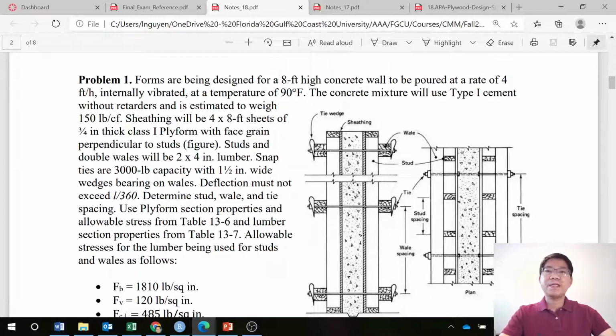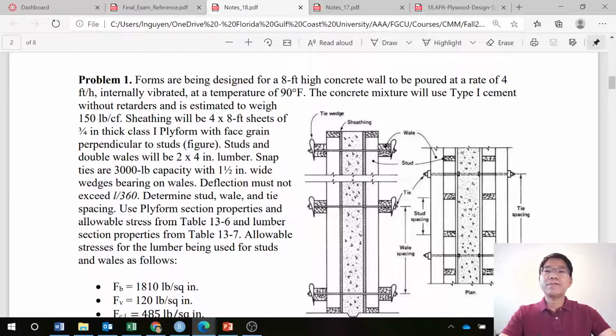Form AB is designed for an 8-foot high concrete core to be placed at the rate of 4 feet per hour, internally vibrated, at a temperature of 90 degrees. The concrete mixture will use type 1 cement without retarders and is estimated to weigh 150 pounds per cubic foot.